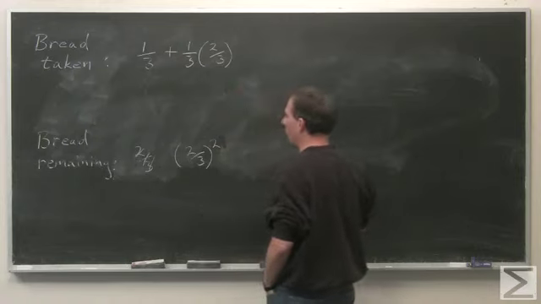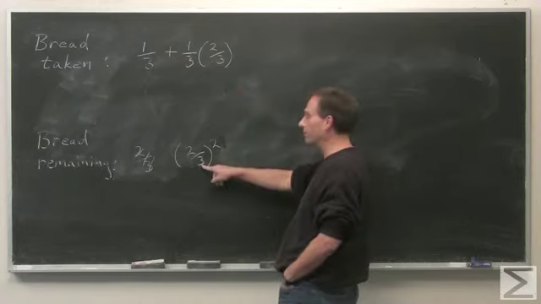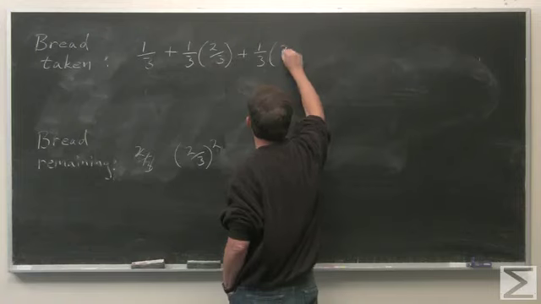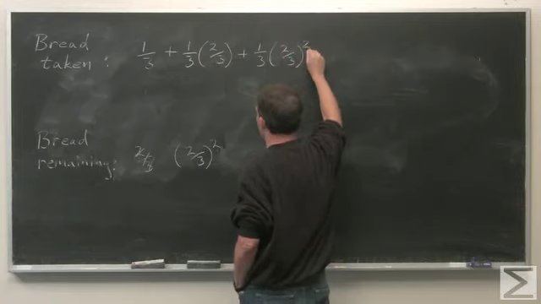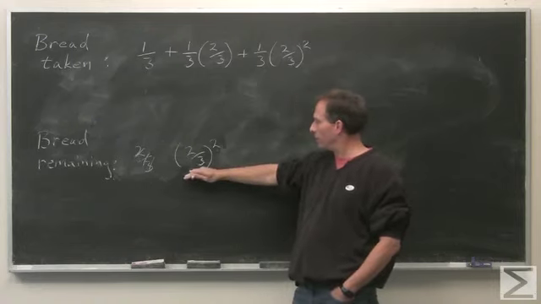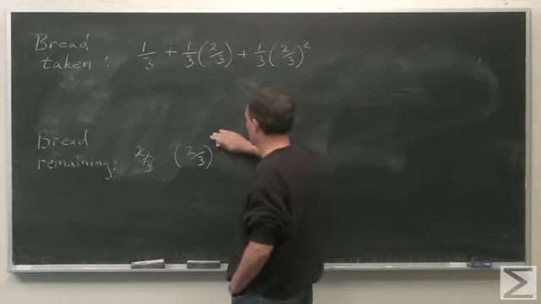All right, how much does the next person take? 1/3 of this remaining 2/3 squared, so they take 1/3 of 2/3 squared. And what do they leave? 2/3 of this. Well, that's 2/3 cubed.